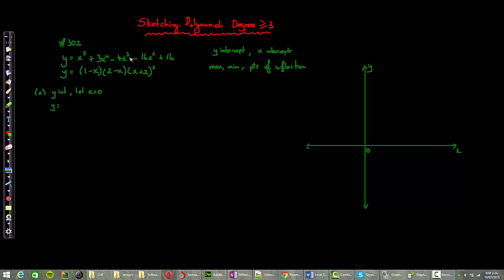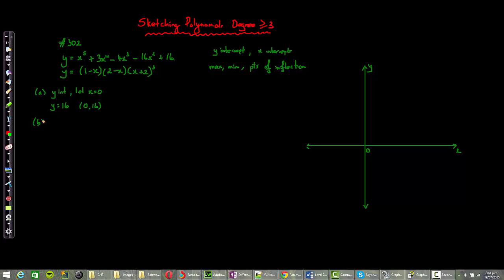Now that top equation there is the easiest one to use, because if you make x 0 here, here, and here, and here, all those terms become 0 and we're left with 16. So our y-intercept as a point is the point (0, 16).